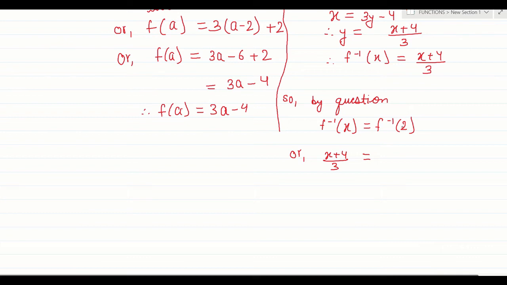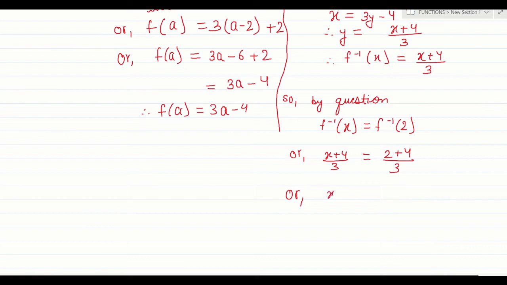Now f inverse 2 means this value 2 has to be kept in place of x, isn't that? So if we keep 2 over here, we are getting 2 plus 4 over 3, or let's simplify it.